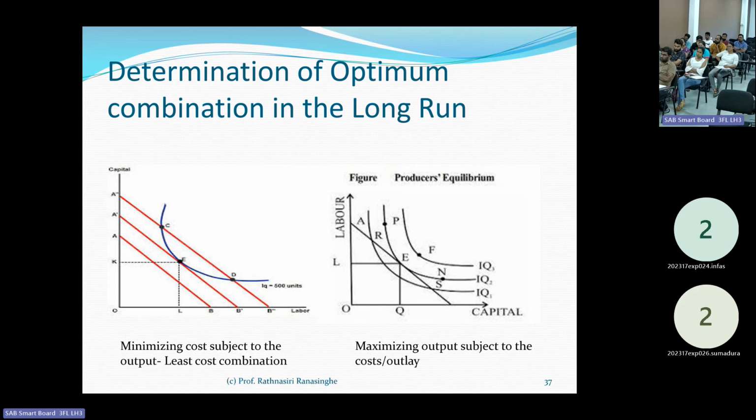That is the tangent point. We cannot produce point F, because cost is the constraint.